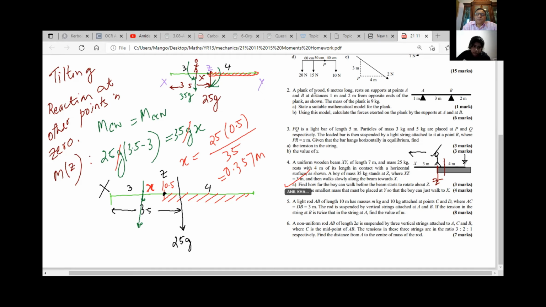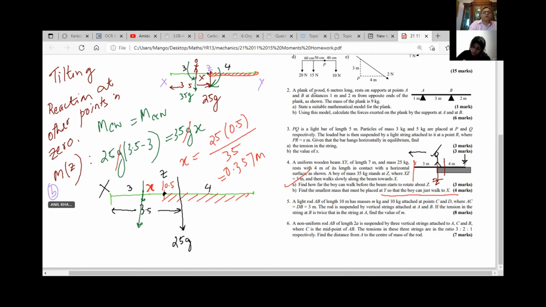Part B is, what is the smallest mass that must be placed at Y so that the boy can just walk till X? Is it okay? Okay, so let's redo this. Let's do part B here in smaller space.